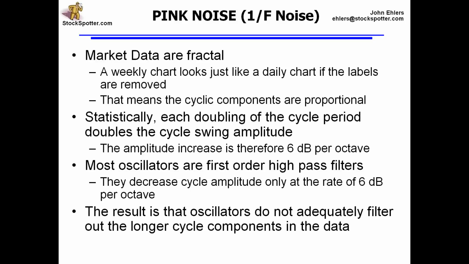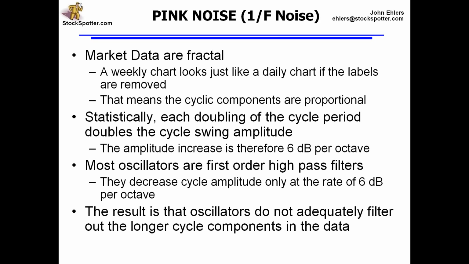So if the data is going up at 6 dB per octave and the filtering is knocking it down at 6 dB per octave, the end result is statistically you flattened the spectrum, but you haven't gotten rid of the undesired components. The result is that oscillators by themselves no longer do adequate filtering. So here's the solution.